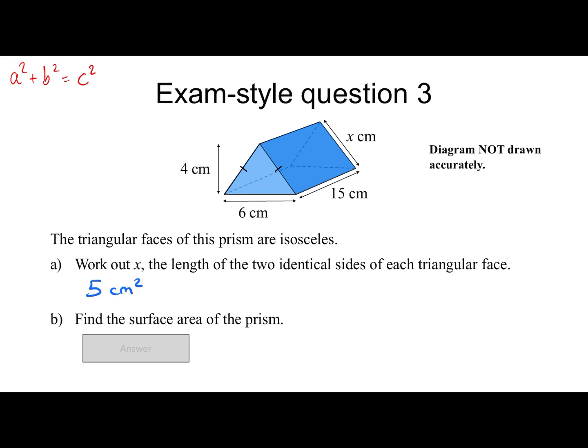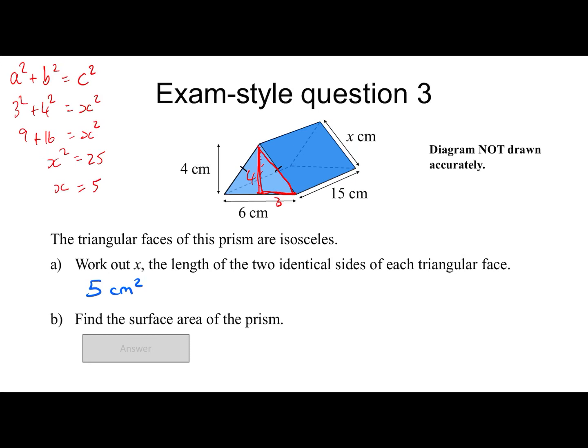Okay, hopefully you've done that. So the value of x is 5 because you need to cut it in half to make it a right-angled triangle. So you know you've got 3 here, 4 here, so 3 squared plus 4 squared is equal to x squared. 9 plus 16 is equal to x squared equals 25, so x equals 5.